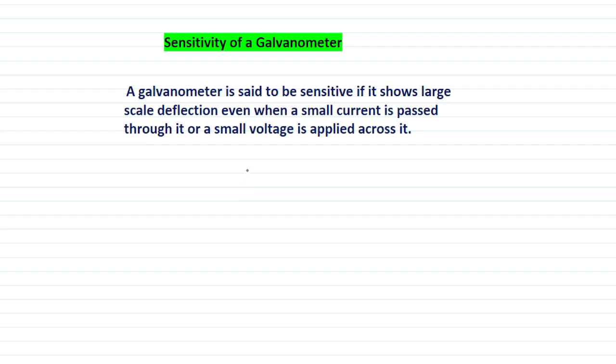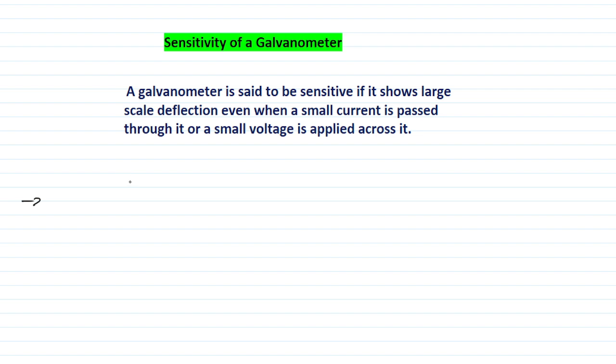A galvanometer is said to be sensitive if it shows a large scale deflection even when a small current is passed through it or a small voltage is applied across it.